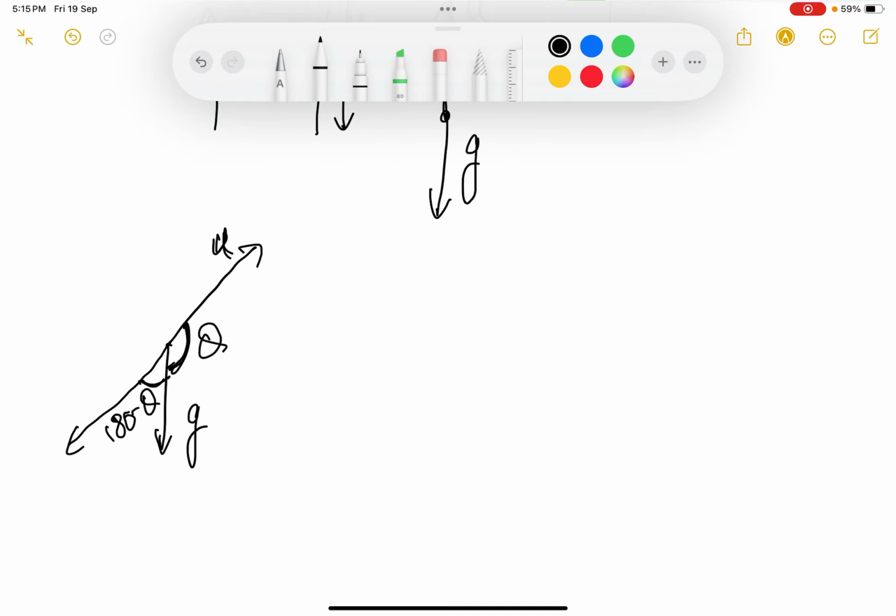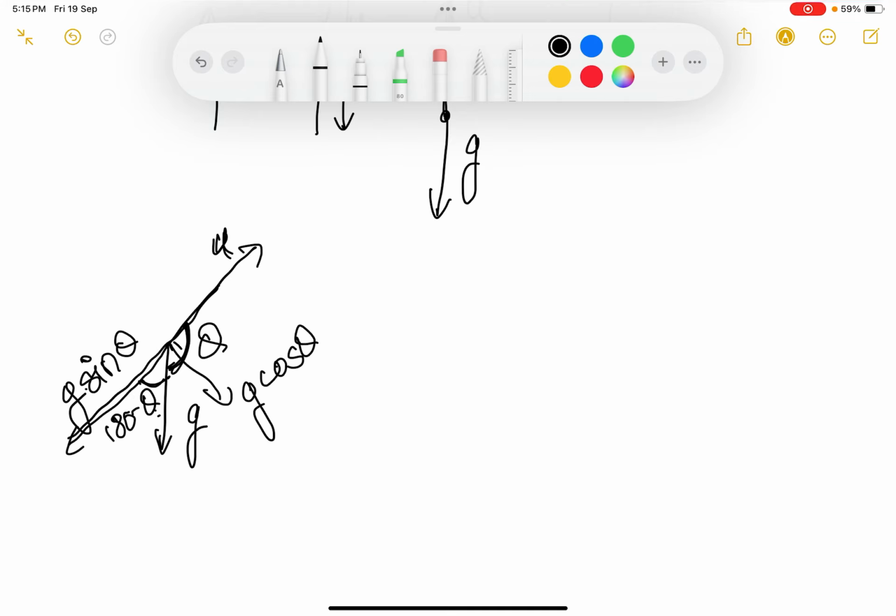And if we resolve the acceleration due to gravity, there will be two components. One in the direction of the velocity, that is g cos(180 minus theta), that is g sin theta, and another will be g sin(180 minus theta), that is g cos theta.